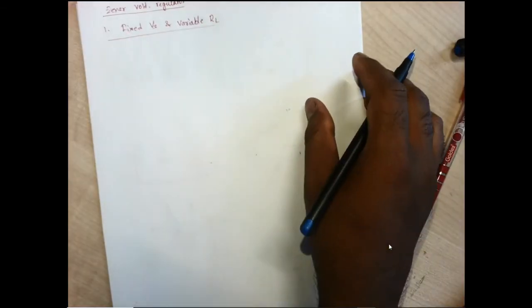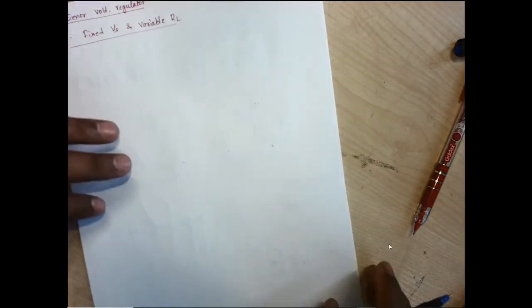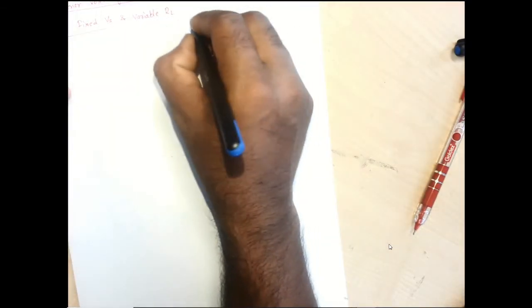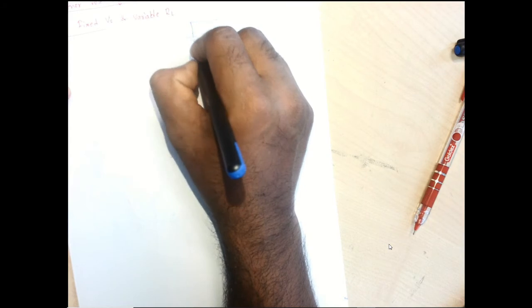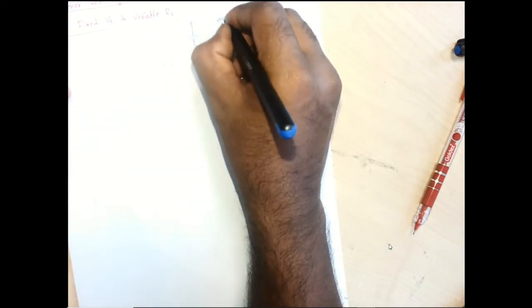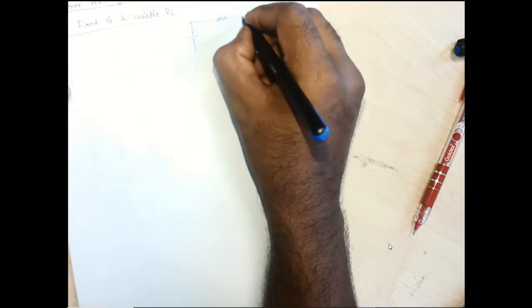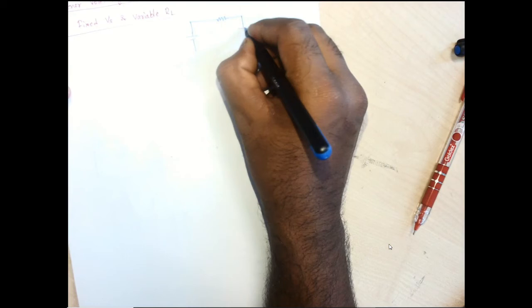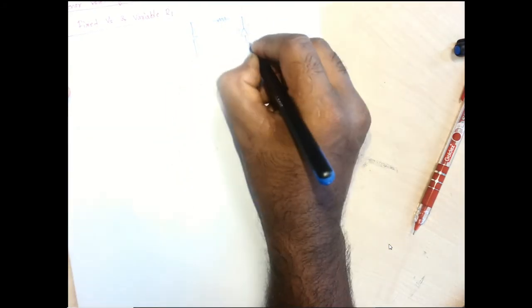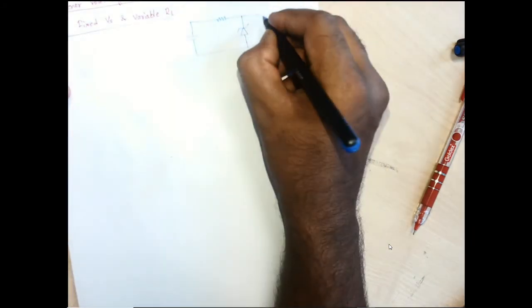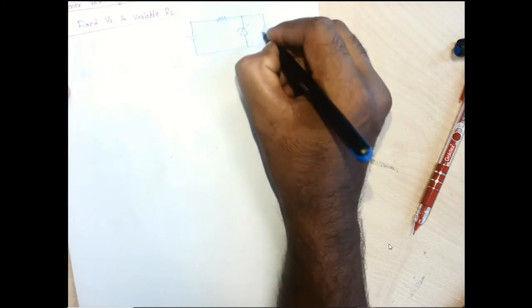So what is the circuit diagram for this Zener voltage regulator? It is something like this. We'll have our input, a series resistance, then the Zener diode connected in parallel to the load, which is varying.